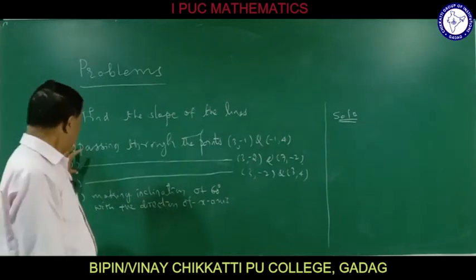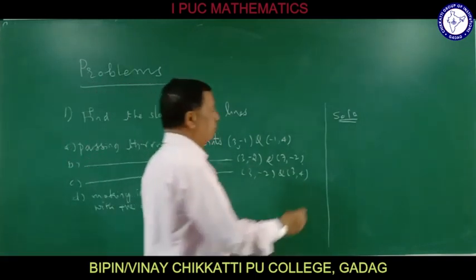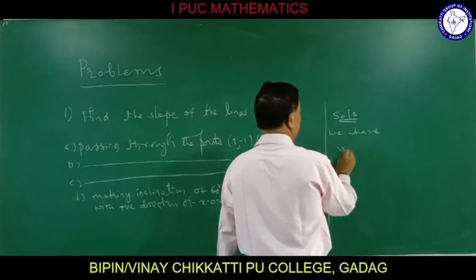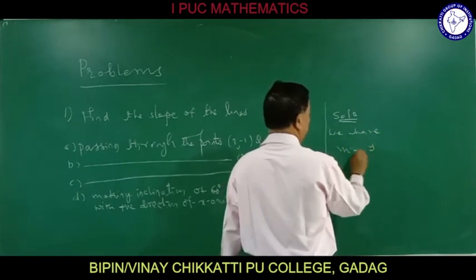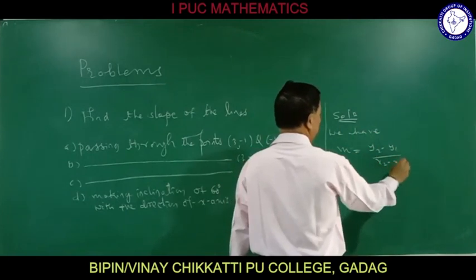So here the first one is passing through the points, and we have one formula to find the slope. What is that formula? That we have already derived: y2 minus y1 divided by x2 minus x1.